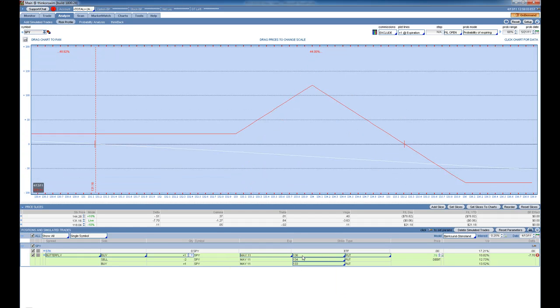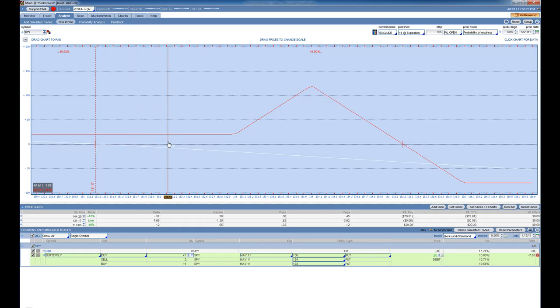So instead of buying the 135, we're going to buy the 136. And what we've done here is we've eliminated all the risk to the downside. So now no matter where it closes to the downside by expiration, we're going to make a little bit of money on the trade. Looks like about $30.